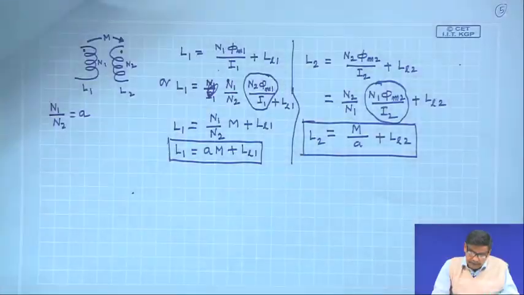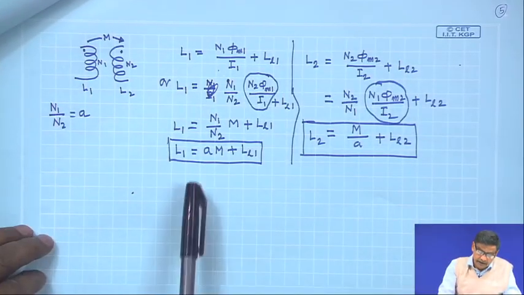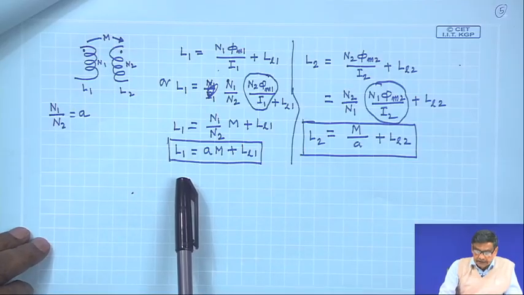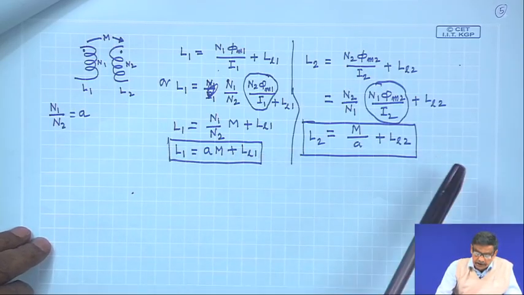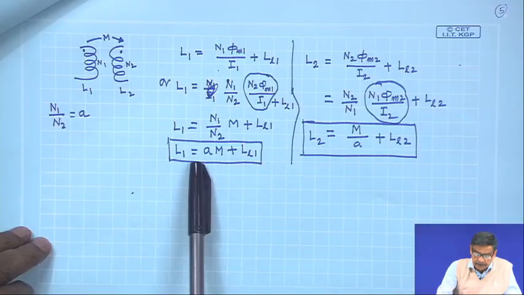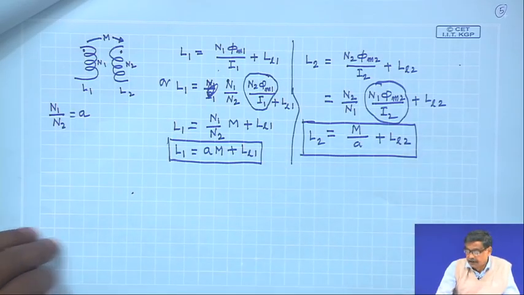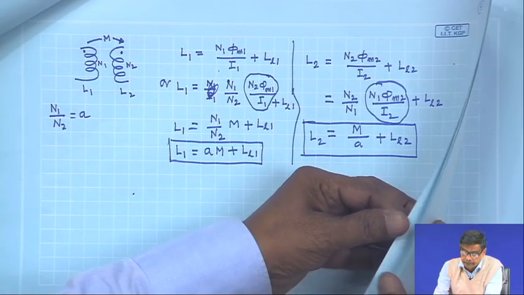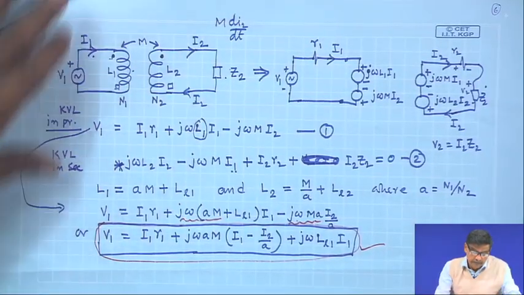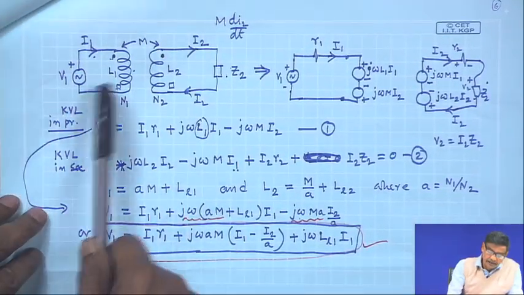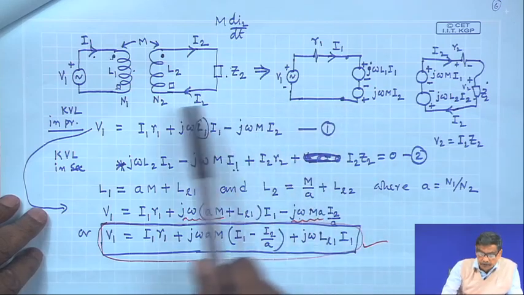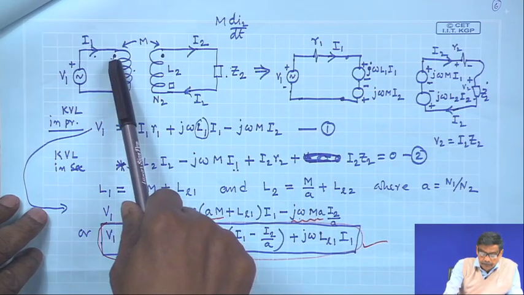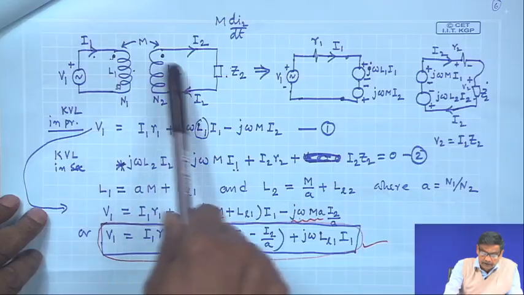Then the important thing is, ultimately we showed the self inductance of the coil in terms of mutual and leakage inductance, L1 and L2, comes out like this. And finally, we wrote down the KVL equations on the two sides, remembering how to put the dots on these two coils.